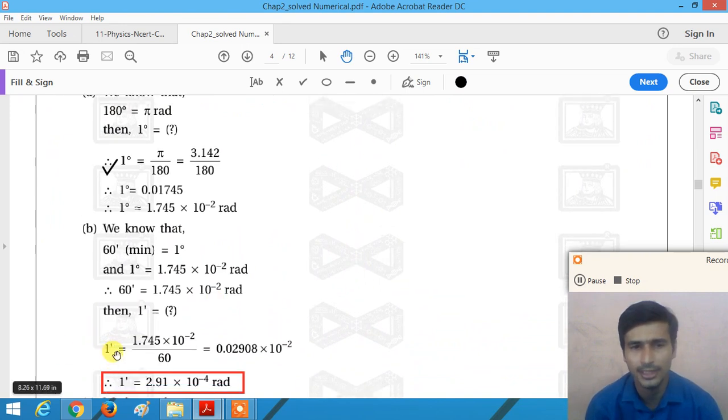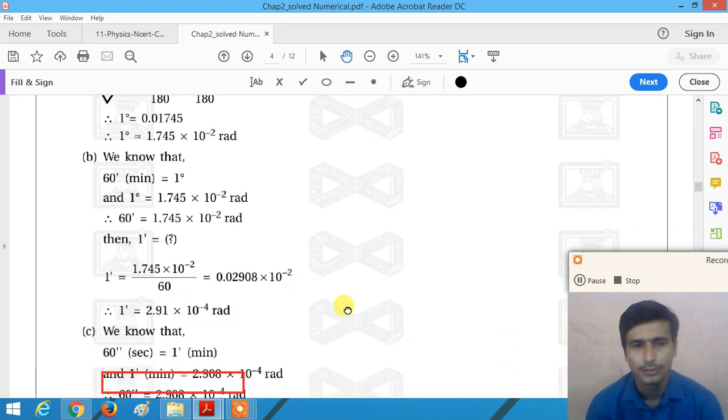Then how do we convert 1 minute into radian? 1 minute is equal to 1 degree divided by 60. So 1.745 into 10 raised to minus 2 radian divided by 60, you get the answer 0.02908 into 10 raised to minus 2. If you convert into the power of 10, we get 1 minute is equal to 2.91 into 10 raised to minus 4 radian.